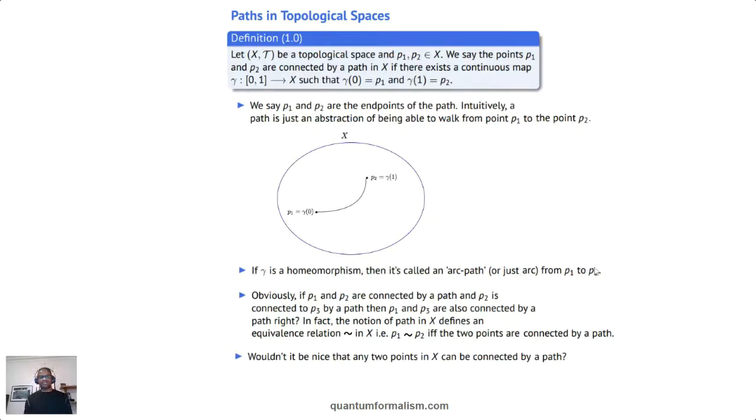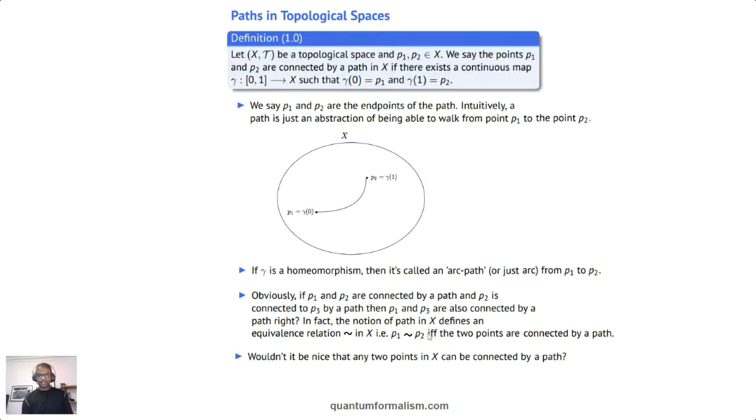There is also another notion called a loop, in the case when gamma of 0 equals gamma of 1, but that doesn't matter. This is something that we will cover later when we talk about homotopy in the next module. Another thing to note is that obviously if P1 and P2 are connected by a path and P2 is connected by a path to P3, then P1 and P3 are also connected by a path.